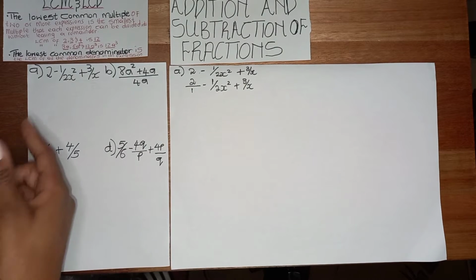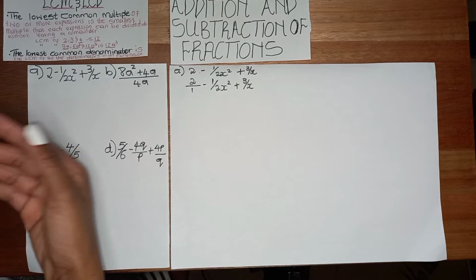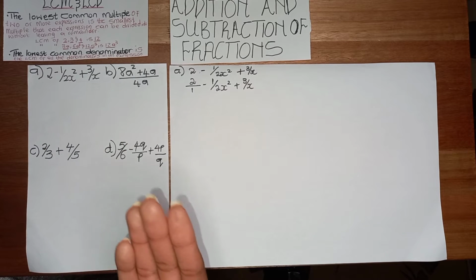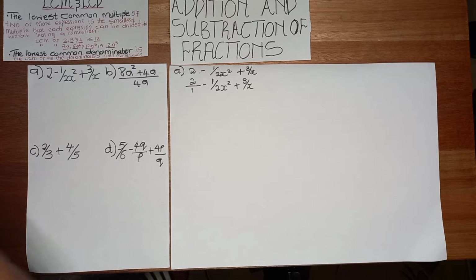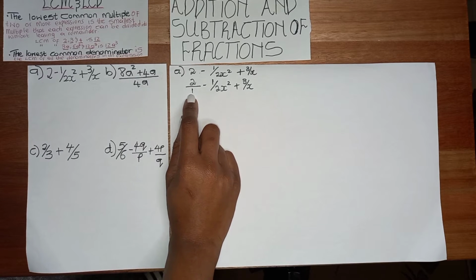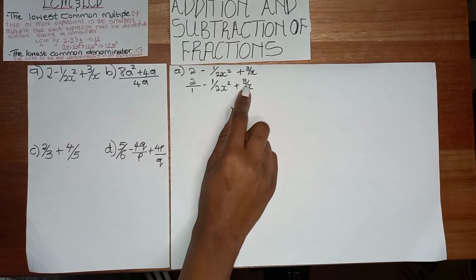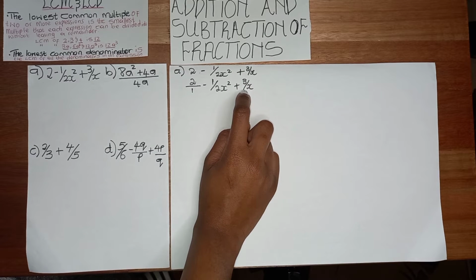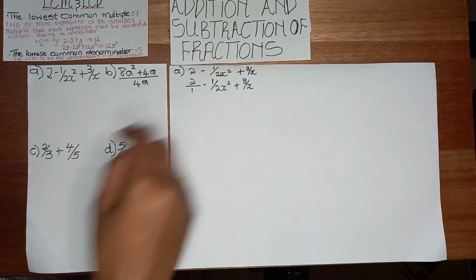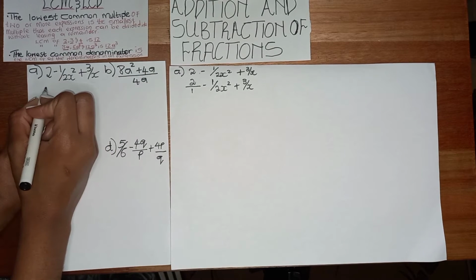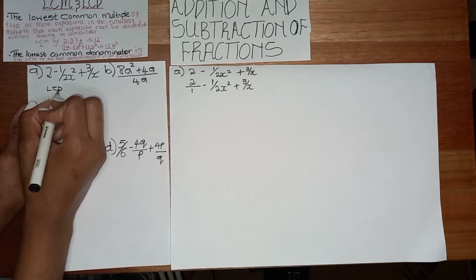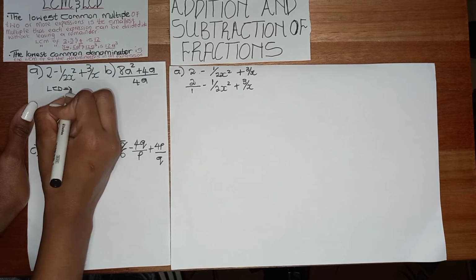There's no need for us to list multiples of 2 and multiples of 1, because we already know the smallest number we can reach is 2. So we have to find a number that we can multiply with 1 to give us 2, and a number that can multiply with the coefficient 1 of x to give us 2. So now we have found the LCD of the numbers, which is 2.